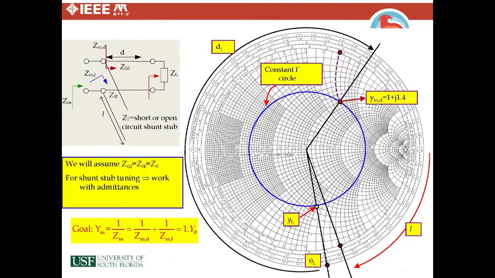Now we can calculate that using the formula we gave in a previous slide, or we can realize that an open stub, which we're going to use, is going to start out here, and we can find out how long that stub would have to be to give us a susceptance of 1.4. This tiny number here is 1.4. Then we figure out what distance that is, and that gives us the length of the stub. So we get these two distances, and those are usually given in wavelengths.